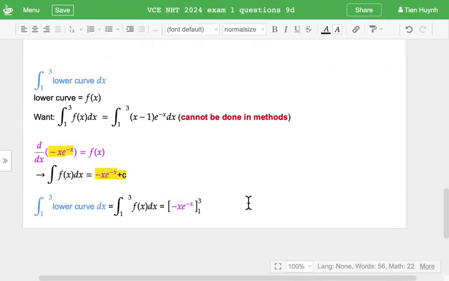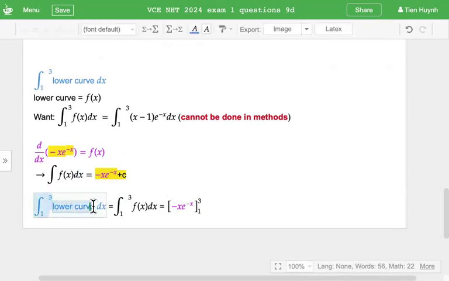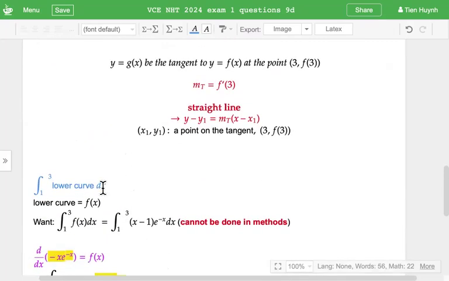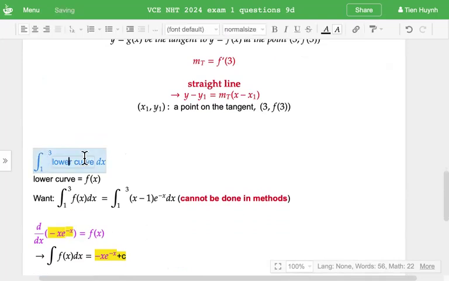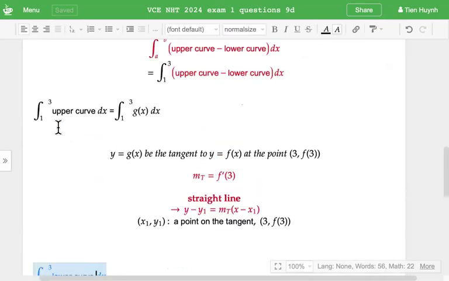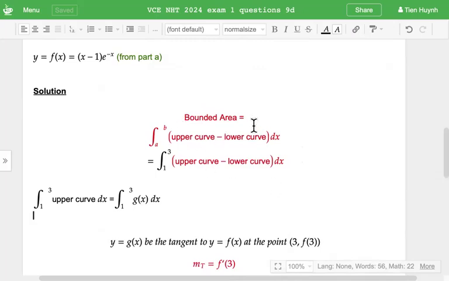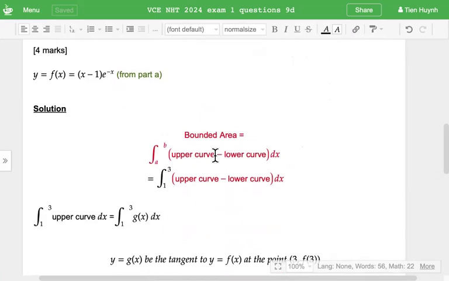Does it make sense? So once again, by using this technique, you would be able to figure out the definite integral of the lower curve. And from above, we know how to figure out the definite integral of the upper curve. It is actually here. Then put them together, and you will be able to figure out the bounded area between the two graphs.